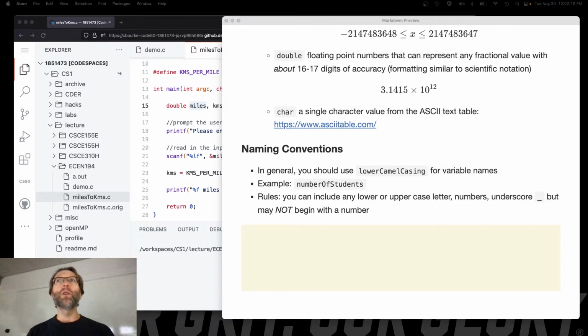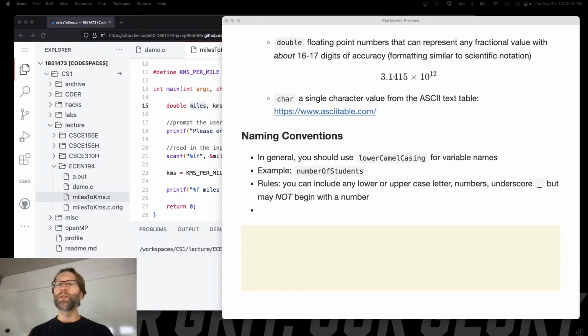In general, though, you shouldn't put numbers in your variable names anyway. If you're putting a number into your variable name, that kind of means you've got a value in mind for it, in which case you probably want a constant anyway. And you definitely don't want to do something like myVariable1, myVariable2.